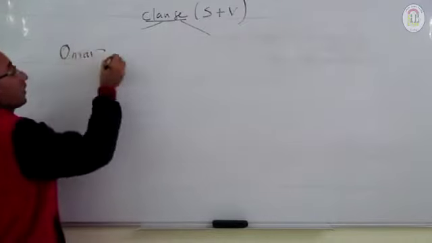So whenever the dependent clause starts with one of these conjunctions or a long list of conjunctions of subordination, this clause is dependent, and it's also called an adverbial clause, right, because it acts as an adverb.